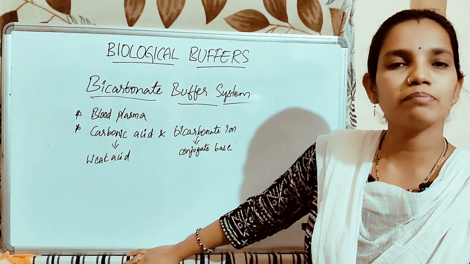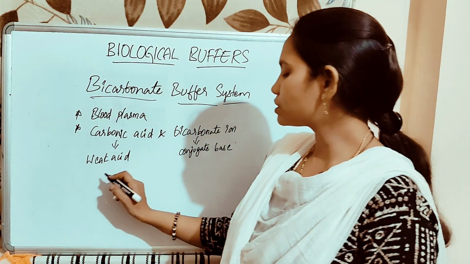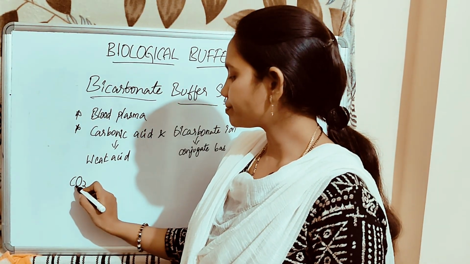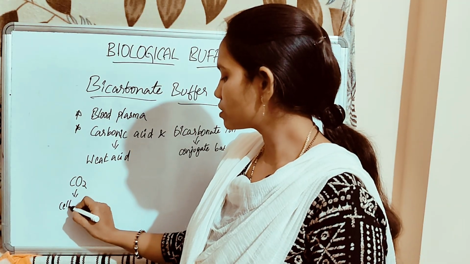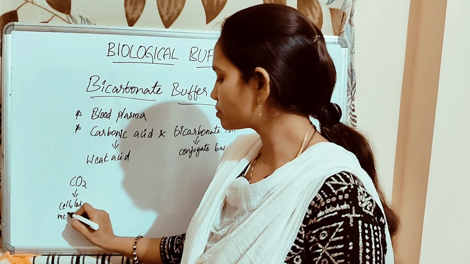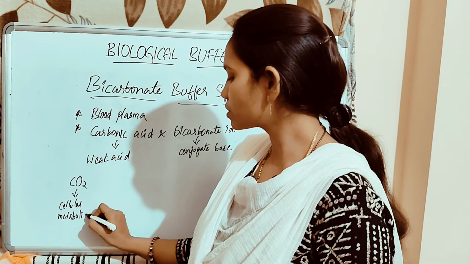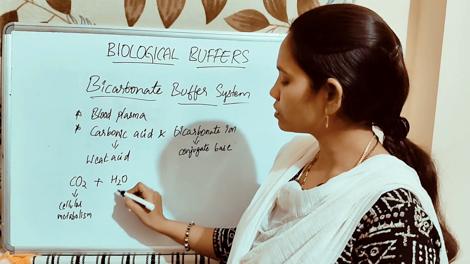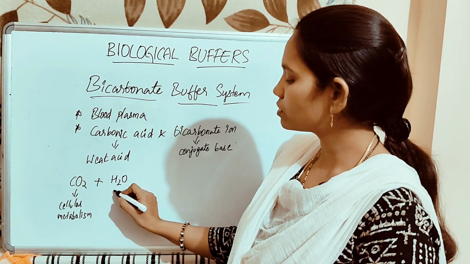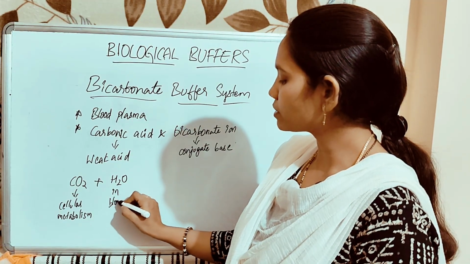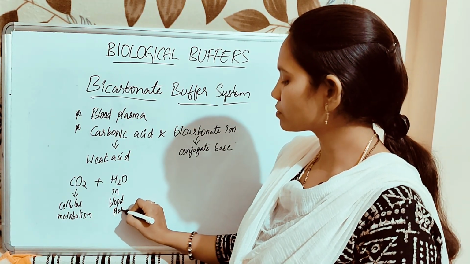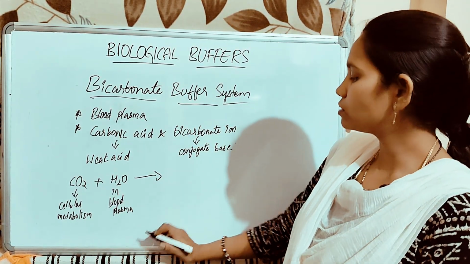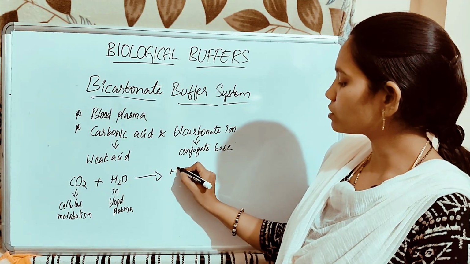Now this bicarbonate buffer system works on the reversible reaction, that is carbon dioxide. It is produced through cellular metabolism. Now it reacts with water, which is present in blood plasma. Now carbon dioxide reacts with water to give rise to what?